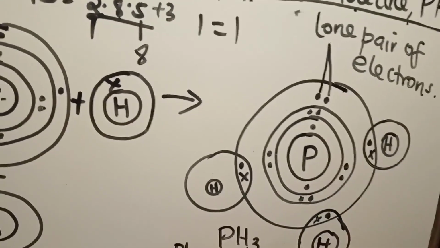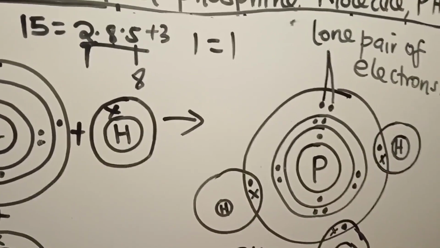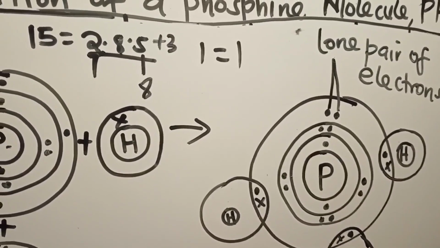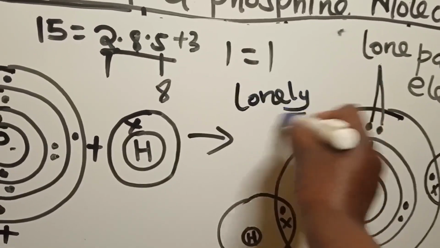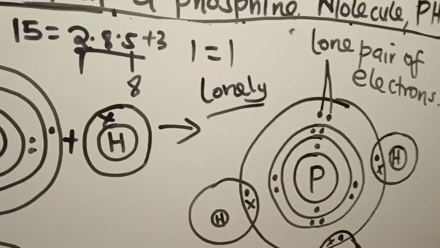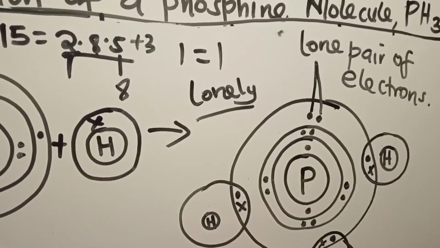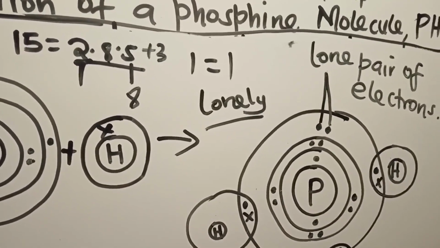And just like all of us know, when someone is just alone all the time, we talk of the person being lonely. Somebody who always stays on his or her own and no company. So that person would become lonely. So from the one lonely, we get a lone pair of electrons.